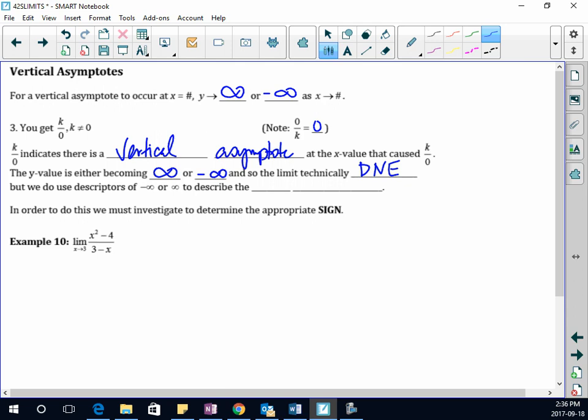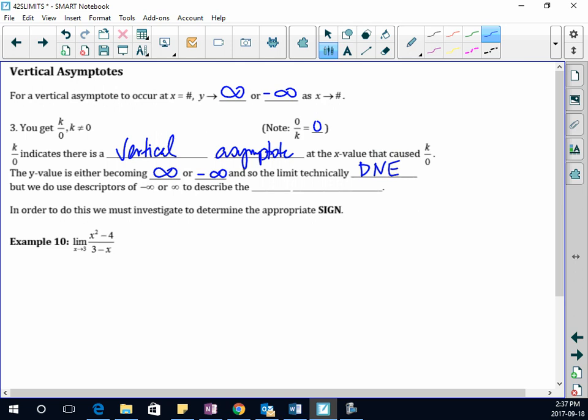And I saw some of you, when you were doing your work, you had something like 5 over 0 times something, and you got a number out of it. You can't have something that doesn't exist times something and get a number out of it. We saw that when we were adding and subtracting functions on graphs. If something doesn't exist in some part of the graph, you can't multiply it or add it. It's not there, right?